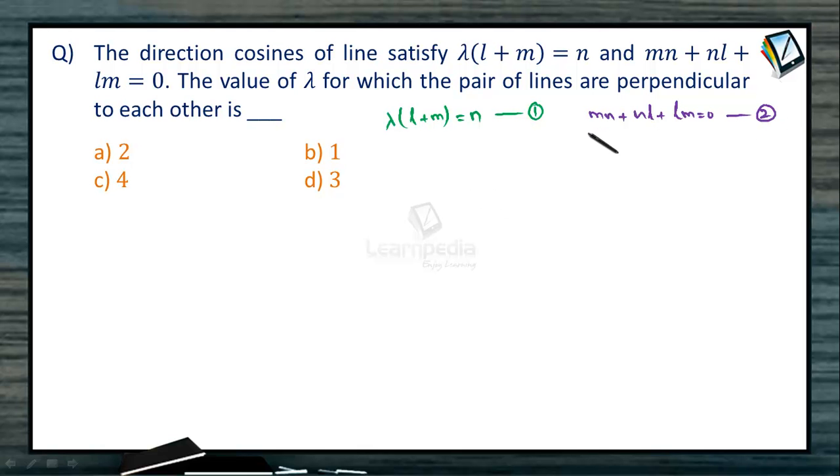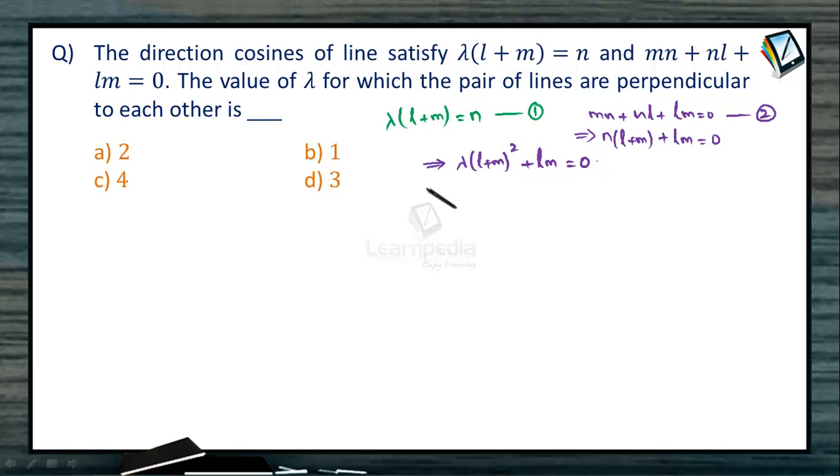Now when we consider the second equation, n times l plus m plus lm equal to 0. Now this l plus m value, let us replace from equation 1. Let's replace the n value from equation 1 into this equation. Then it becomes lambda times (l plus m) whole square plus lm equal to 0.